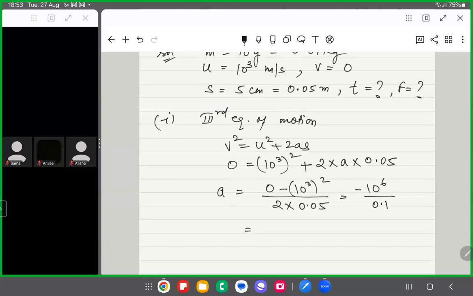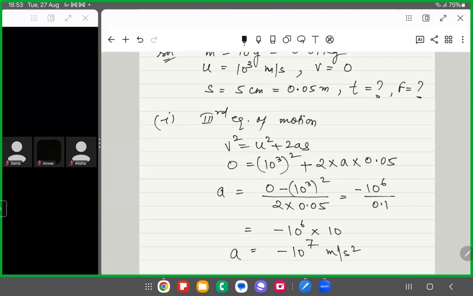So acceleration will be minus 10 to the power 6. Now 0.1 means 10 to the power minus 1. So that is minus 10 to the power 7, right? So acceleration is minus 10 to the power 7 meter per second square.